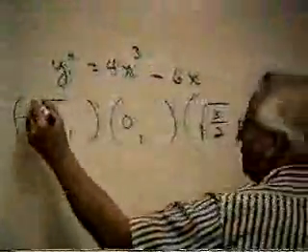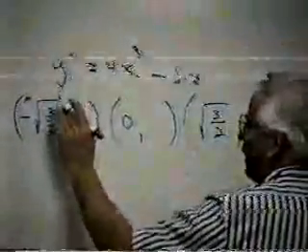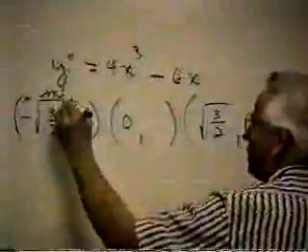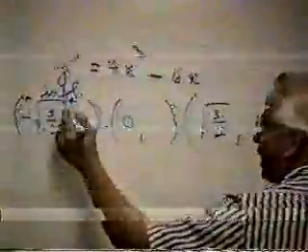So if I had a minus 2 in here, I would get negative. And if I put a minus 1 in here, I would get positive. So it does change signs. Therefore, it is an inflection point. If it changes signs, it is an inflection point. This would be positive, negative, so it's an inflection point. And this would be negative, positive, so it's an inflection point.